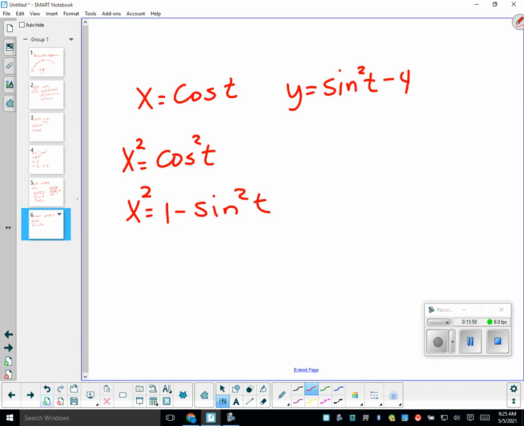So now, is sine squared t equal to 1 minus x squared? So what's y equal to? 1 minus x squared minus 4.